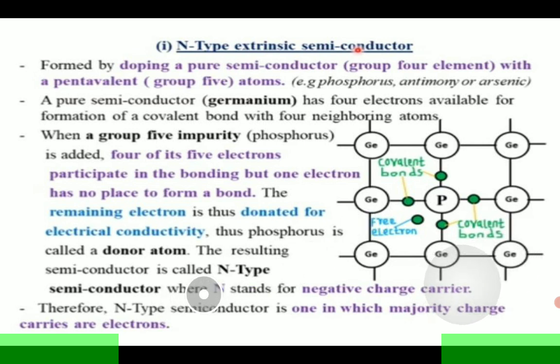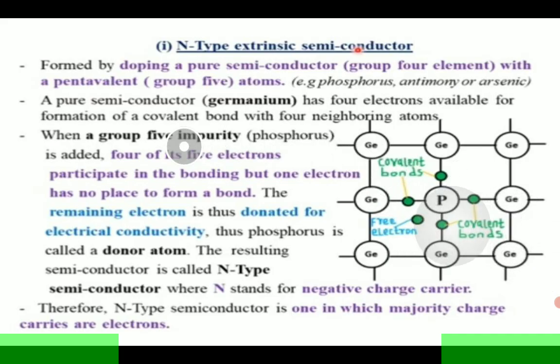Therefore, an N-type semiconductor is one in which the majority charge carriers are electrons. All right, so as many phosphorus atoms as possible will leave at least 1 electron each, making the entire structure negatively charged, or having more negative charge carriers than positive charge carriers.